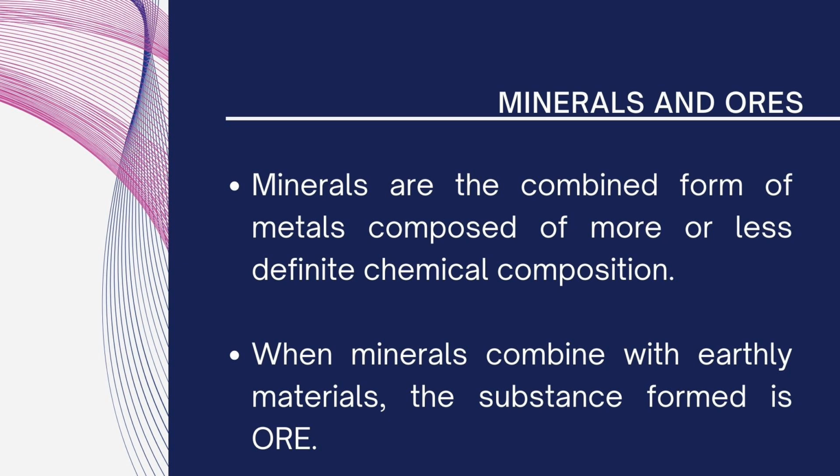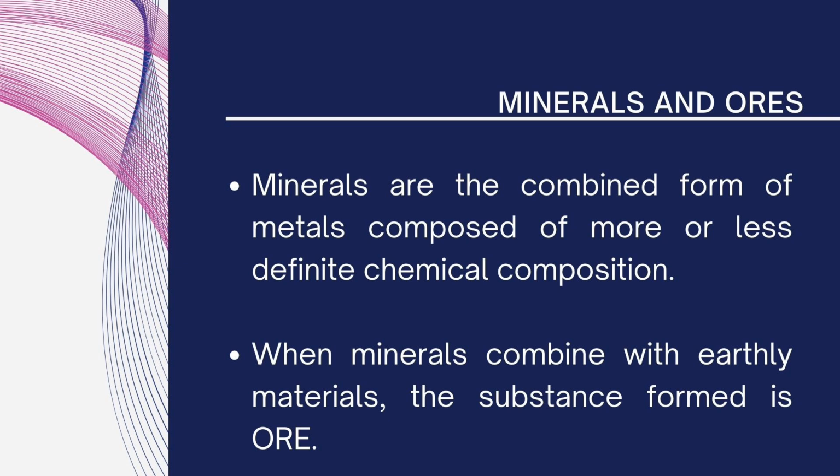We've talked in the previous video. I told you that we have some metals that are found in a combined state. So we are saying now that the minerals are the combined form of metals. So mineral is not a metal but a combined form of metals.